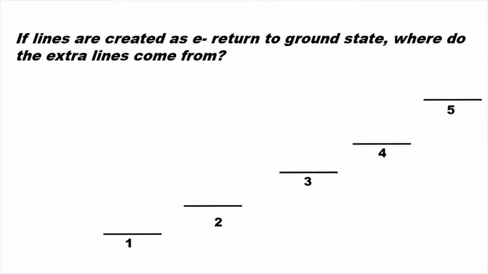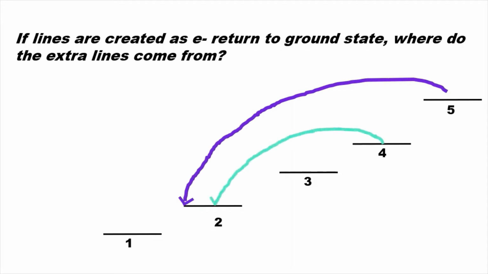So I'm going to simplify this with a rudimentary drawing here that I'm going to make. We know that the colored lines in the spectrum result from the electrons falling back down to the ground state. If the electrons land on energy level 2, then we see the line as a visible color. And we've already talked about the fact that a jump from 5 to 2 would be purple, from 4 to 2 is cyan, and from 3 to 2 would be red.